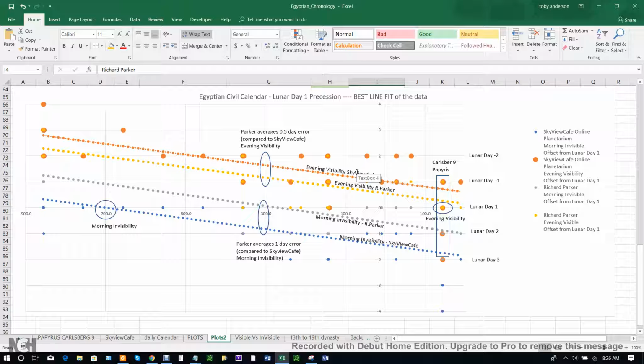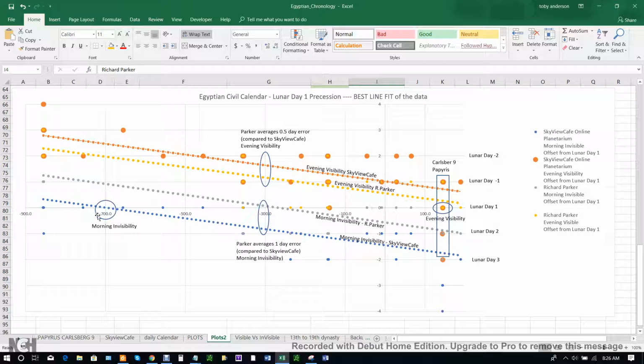And so you have 4 best line fits, and they represent the evening visibility for SkyView, evening visibility for Parker, morning invisibility for Parker, and morning invisibility for SkyViewCafe. And each one of these horizontal lines is a day. So this 0 here, I can't see it.